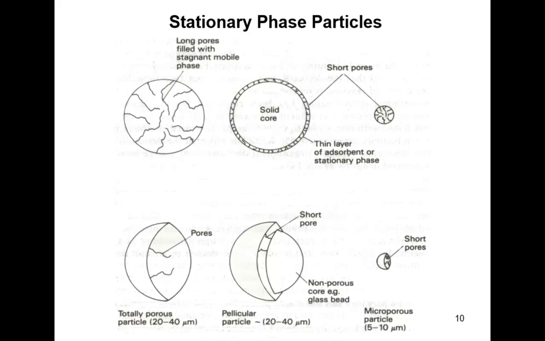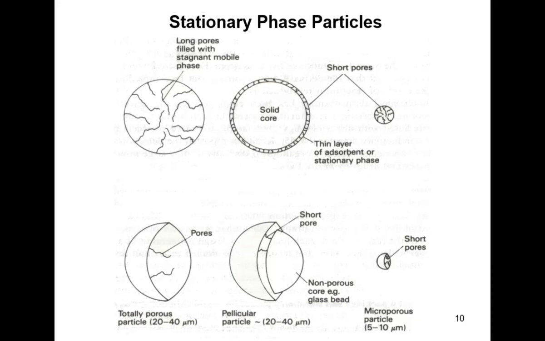So these relatively large particles give you relatively poor resolution and quite broad peaks. This is just for historical interest, not relevant to current applications, but it illustrates the problems that we're trying to solve here.